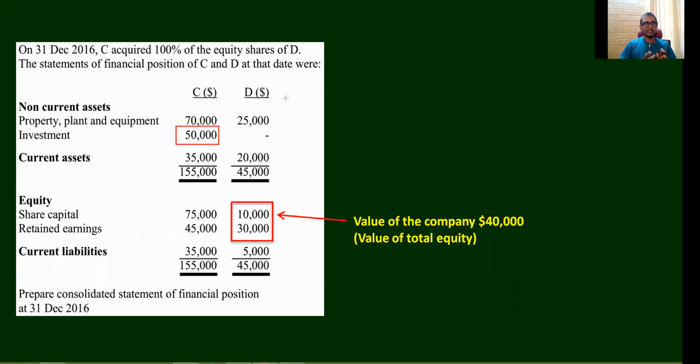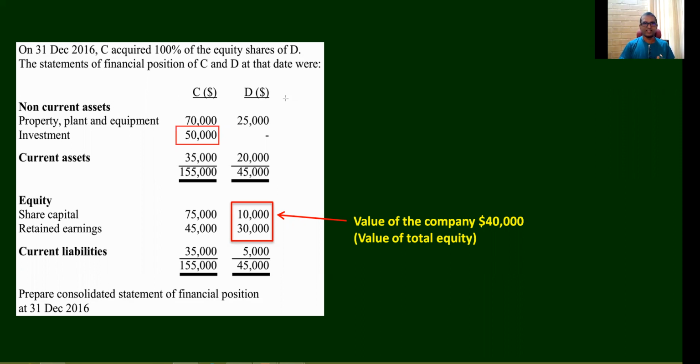That means, say, if we are in company C, we would like to go and acquire company D. We go and try to acquire company D, and we are willing to pay them 40,000. We say, okay, we are willing to pay you 40,000. Company D would say, no. We can't accept only 40,000. We want more, because we have been in this industry for some time.